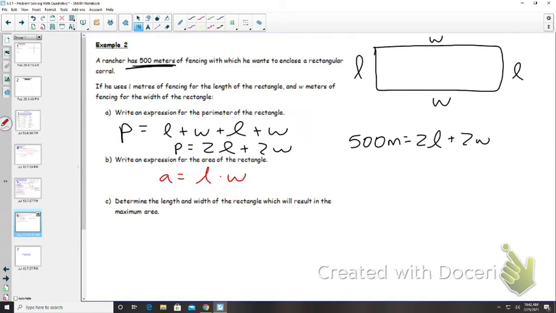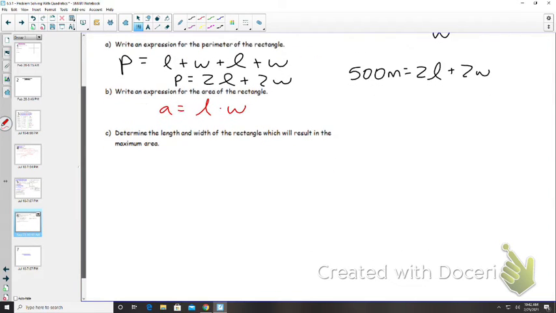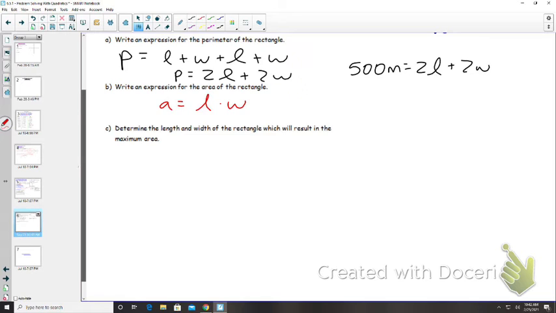Okay, so this next question, C, has a few steps. So I'm just going to write the 4 steps on the board here, okay? And I want you guys to write these down, please, because you're going to need to know how to do this.